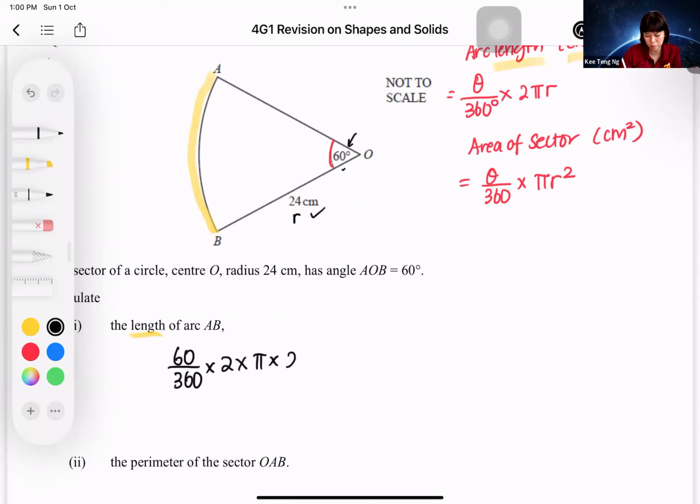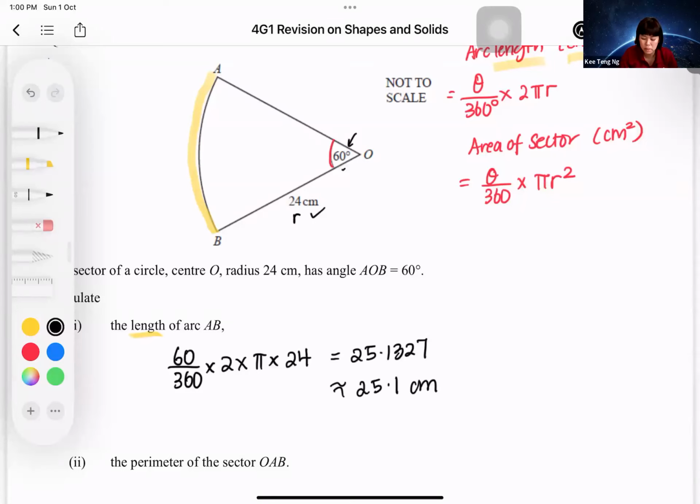Okay, this formula will not be given, so please memorize it. Right, 60 over 360 times 2 pi r. And that will give me 25.1327, rounding it off, 25.1 cm.